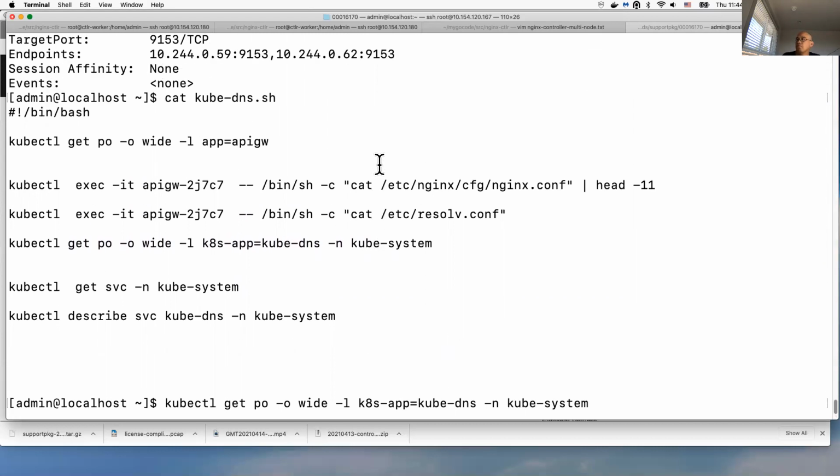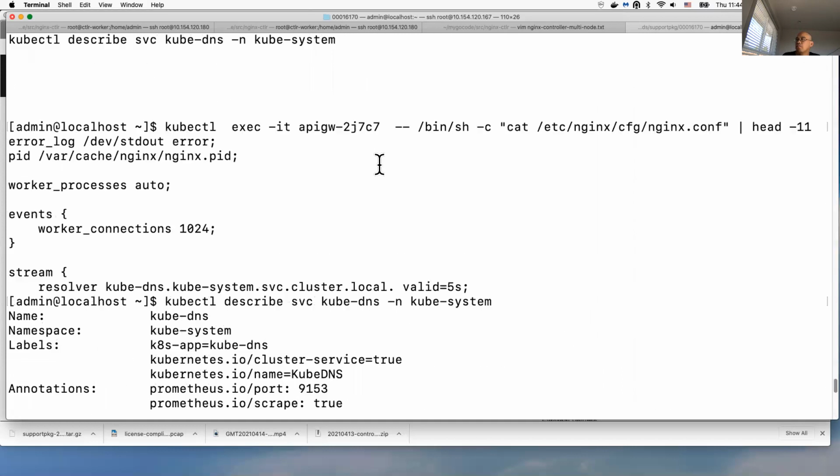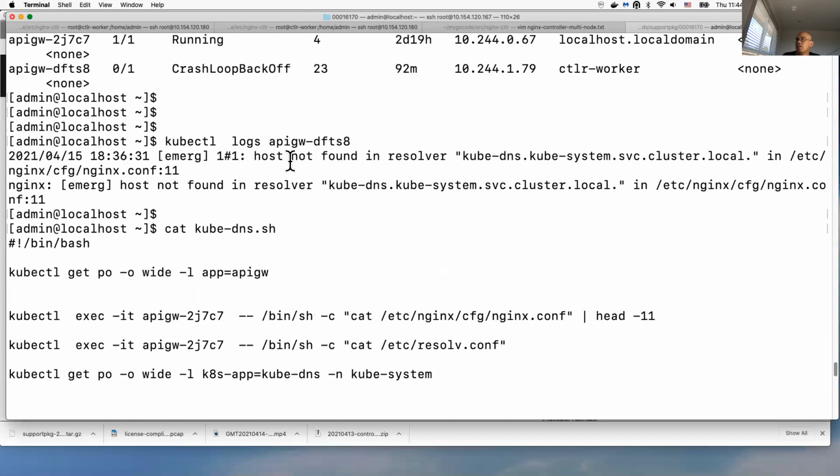Back to this error: what this error means is that the nginx instance in the API gateway pod cannot resolve this kube-dns service. So it seems there is a DNS resolution problem, right?